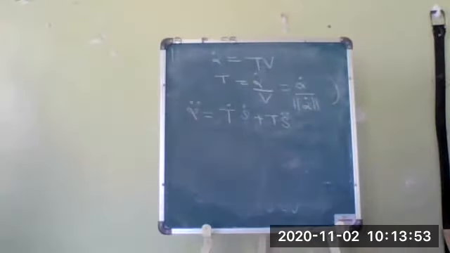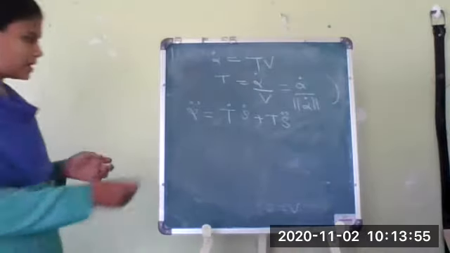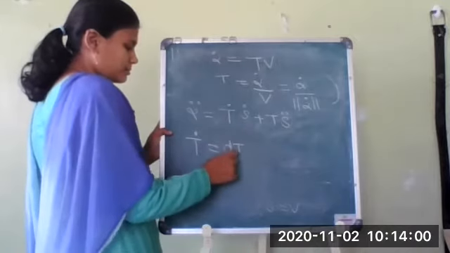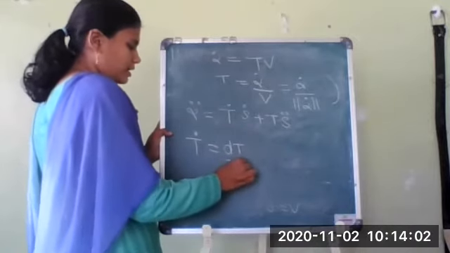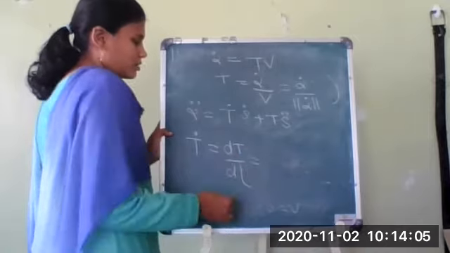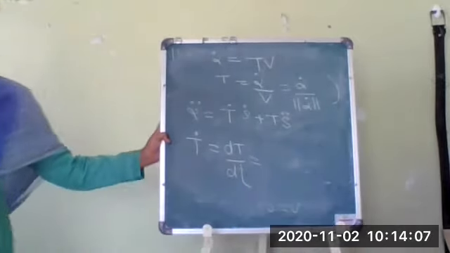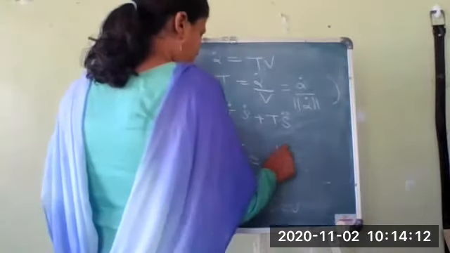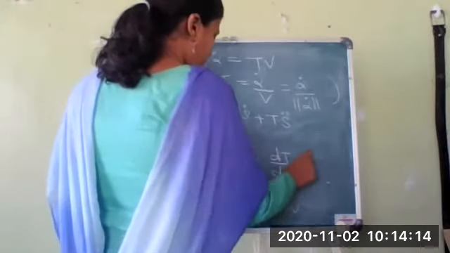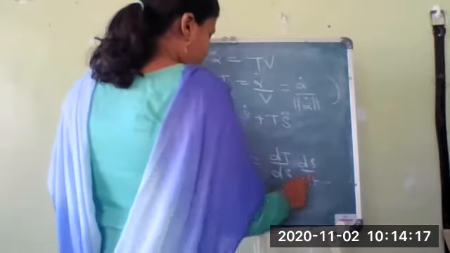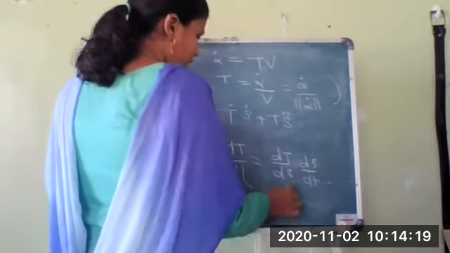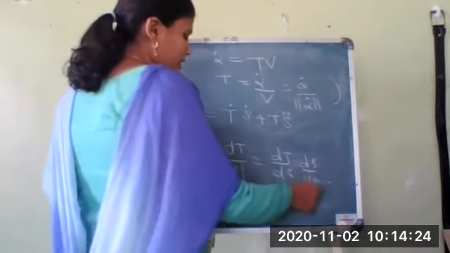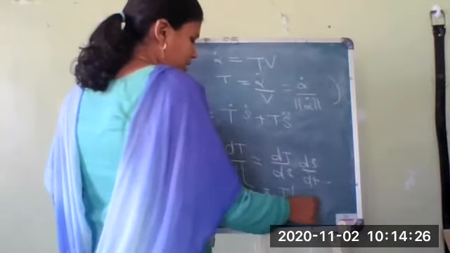Now let me write down the expression for T dot. What is T dot? It is nothing but dT by dt. For that we will write it using arc length, dT by ds and ds by dt. With the help of this, I can write T with respect to s will be T dash, as we have a formula for T dash, and s with respect to t will be s dot.